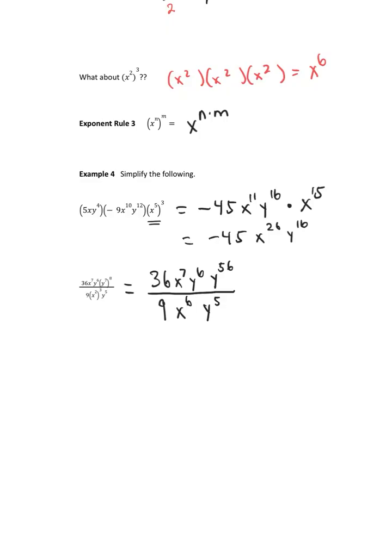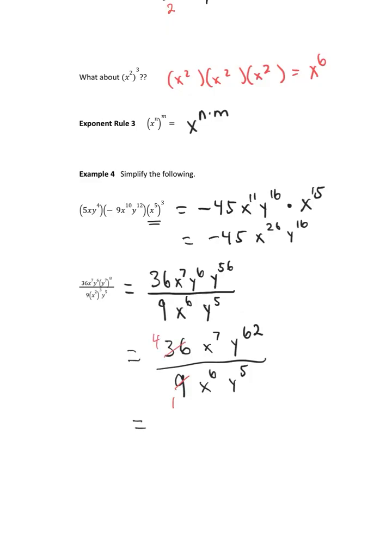And let's see, a little bit more to do. I think I can combine those y's up top. So 36, x to the 7th, y to the 62 over 9, x to the 6th, y to the 5th. And then finally can start to reduce.